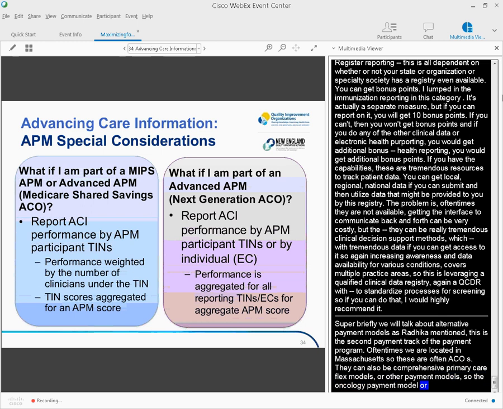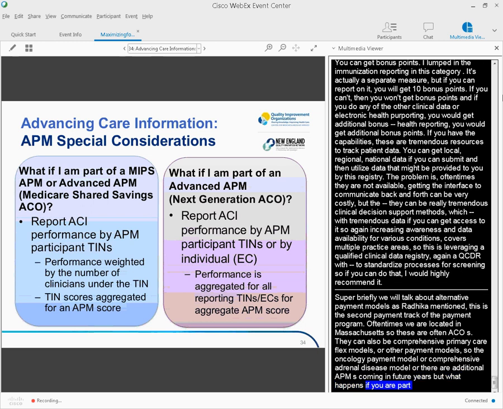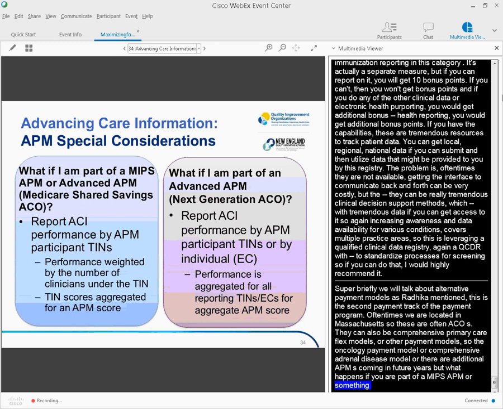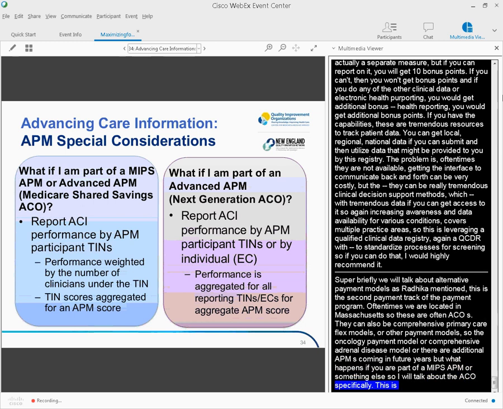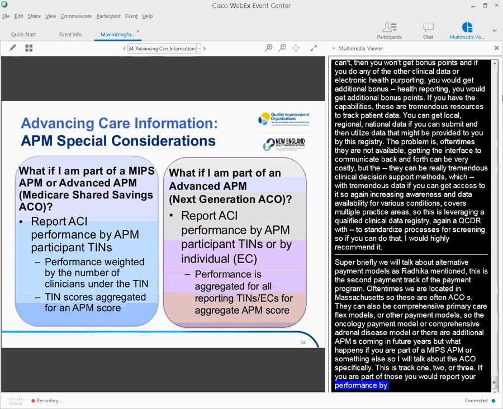But what happens if you're part of a MIPS APM or an advanced APM? I'm going to specifically talk about the Medicare Shared Savings ACO. So this is Medicare Shared Savings Track 1, 2, or 3. If you're part of those, you would report your advancing care information performance by your participant TIN. So this isn't the APM's TIN, that entire entity TIN.